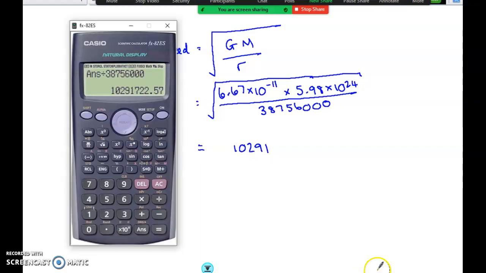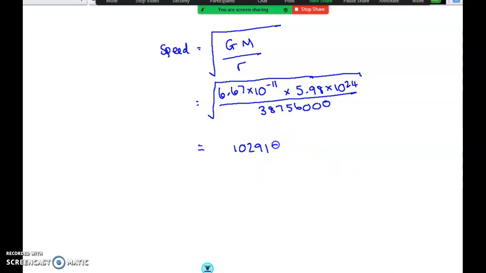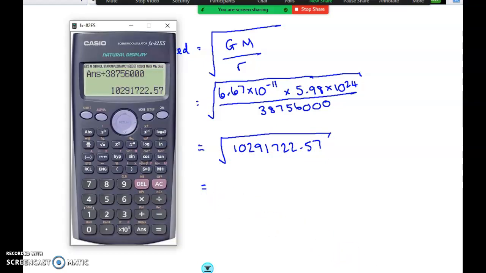That gives 10,291,722.57. That gets you your second mark, working out this number here, and for the third mark, we're going to put that in and square root it.